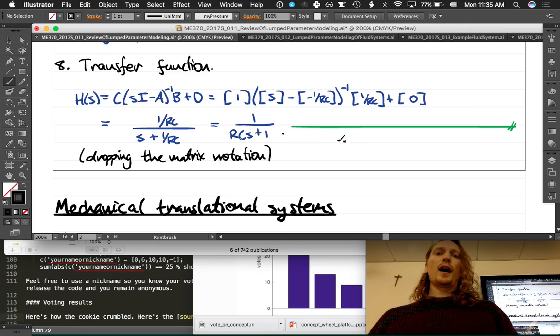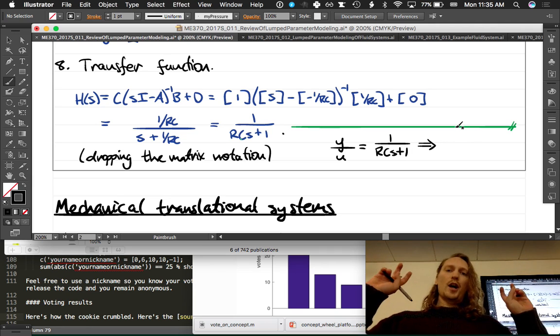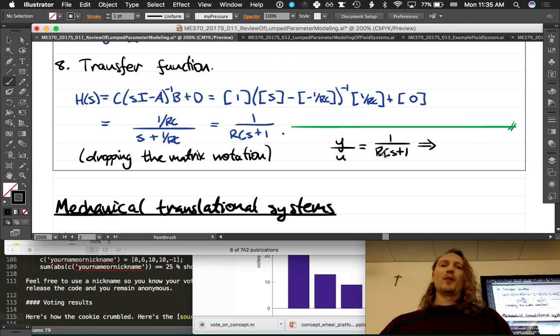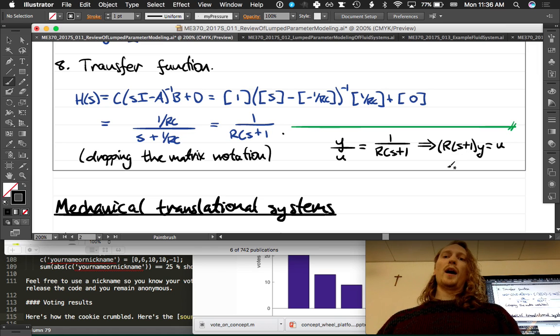So if our output is y, and our input is u, and this is equal to 1 over RCs plus 1, then all you do is essentially cross multiply, and we get RCs plus 1 times y equals u times 1. And we can distribute the y.